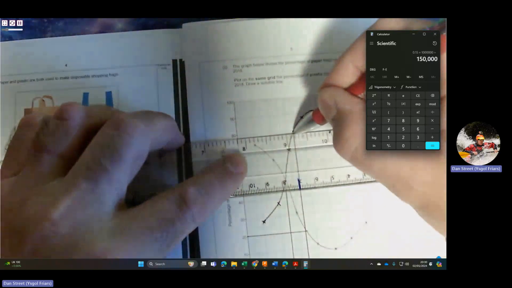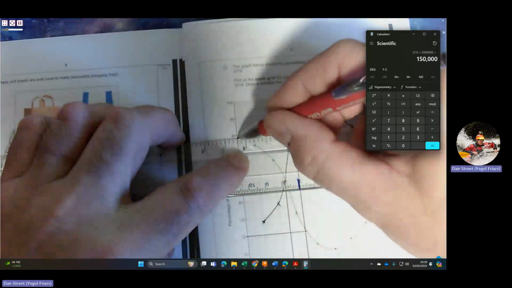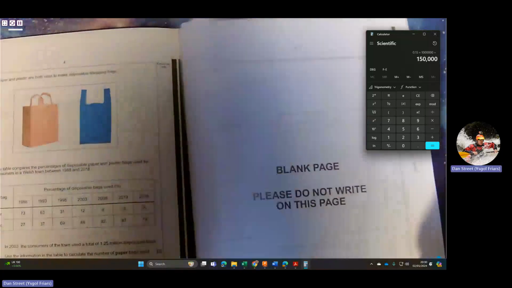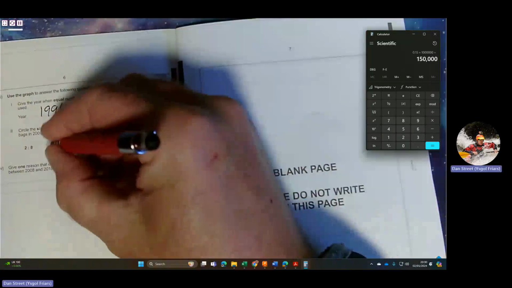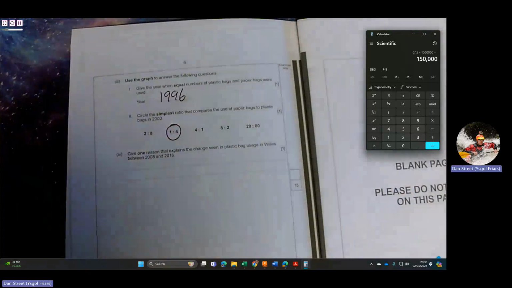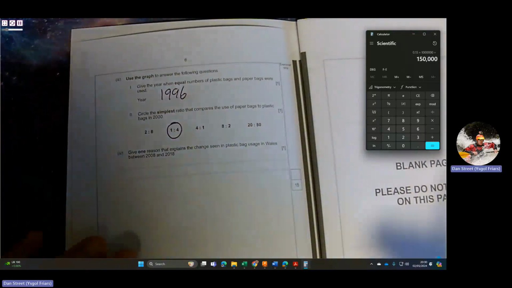So we've got there 20%, if there's 20% of one, there is therefore 80% of the other. My line doesn't quite reach that, but that's due to my drawing, it has to be 80% because it's a percentage, of course. Okay, so that's 20, so basically that's 1 to 4. Okay, so that one is that one there. Okay, so it's a 1 to 4 ratio because 20 to 80 is the same as 1 to 4.